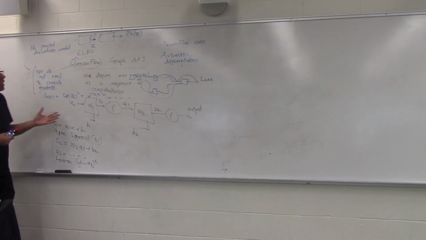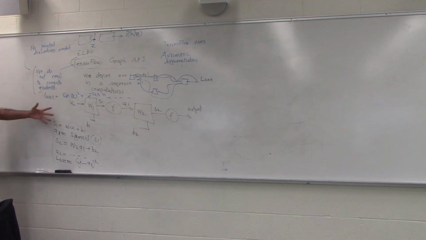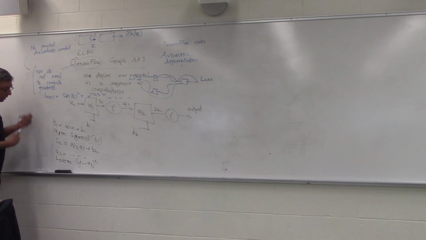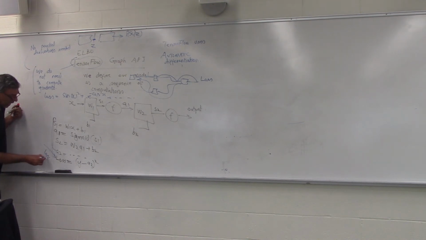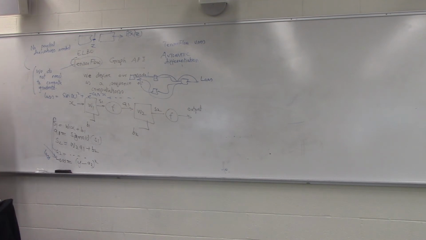Okay, so that's why from now on, like I said, our responsibility is to define the architecture. Okay, define the loss, and ask it to minimize the loss using, for example, Adam optimizer or gradient descent or whatever, and it will do the job. Okay. Now, how do we set up the code? So, like I said, I have my own way of doing it, so I'll try to show you which I think should be set up properly.